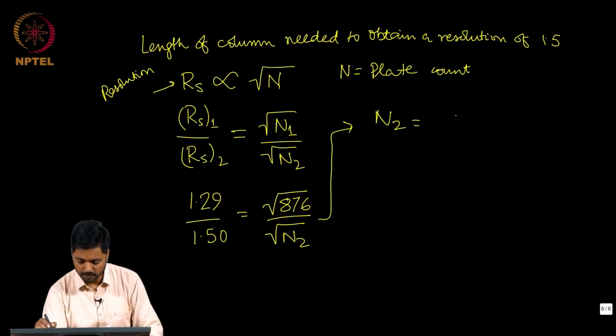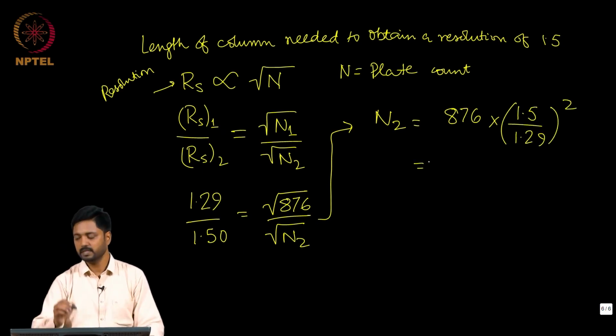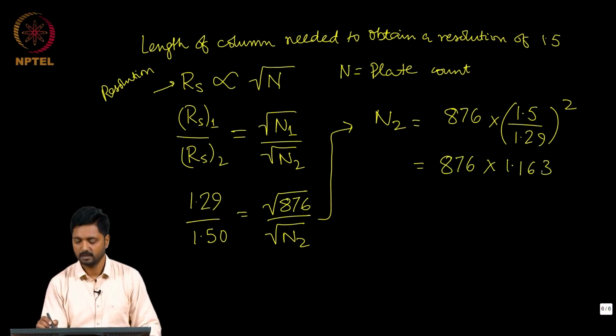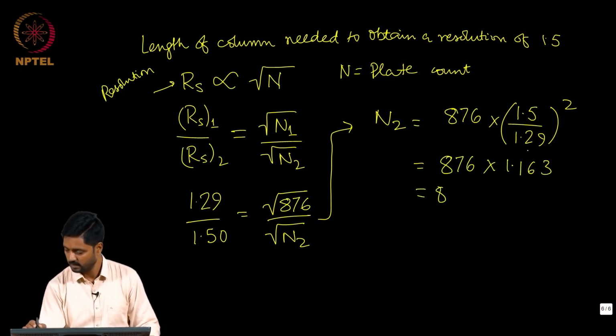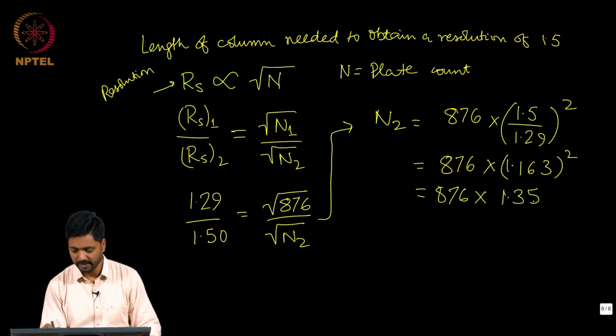N2 is equal to 876 into (1.5 by 1.29) squared, and this solves out to 876 into 1.163, and finally 876 into 1.35, and all of this gives us the N2 value as 1184.